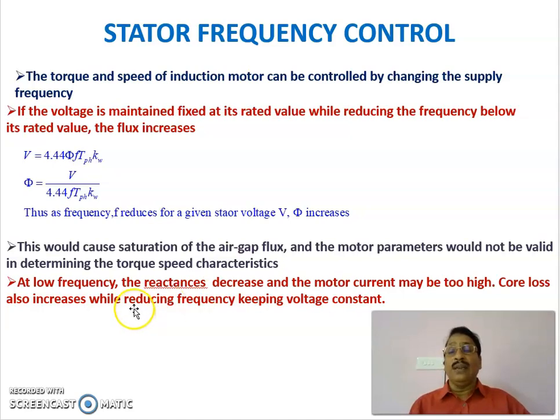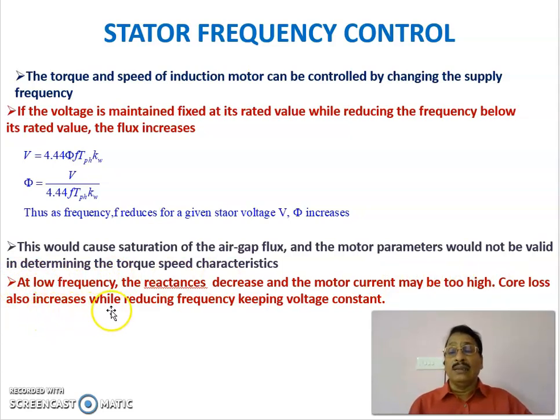Therefore, at low frequency, the reactance decreases, because it is equal to 2 pi f into L. As frequency reduces, reactance reduces. As reactance reduces, the motor current increases, and that will cause more losses, and the efficiency gets reduced.